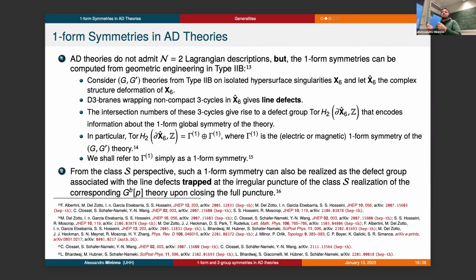So the information on the one-form symmetry must be inside the irregular puncture. So you take any kind of DPG theory with a full puncture and an irregular puncture, and then you close the full puncture. So you are removing all the information except for that of the one-form symmetry, which is inside the remaining irregular puncture that is giving rise to this theory.